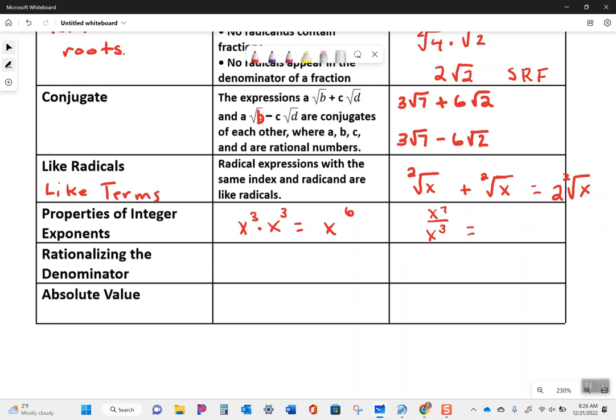Yeah, you've got 7 x's up top, 3 x's on the bottom. So really 3 of them are going to be taken out, both the top and the bottom. This would be x to the 4th. So we're going to talk about those properties of integer exponents. When you're multiplying like I am on the left, what do I do with exponents to form x to the 6th? Okay, and when you're dividing, what do you do with exponents to form your exponent on the right? Subtract. Very good.